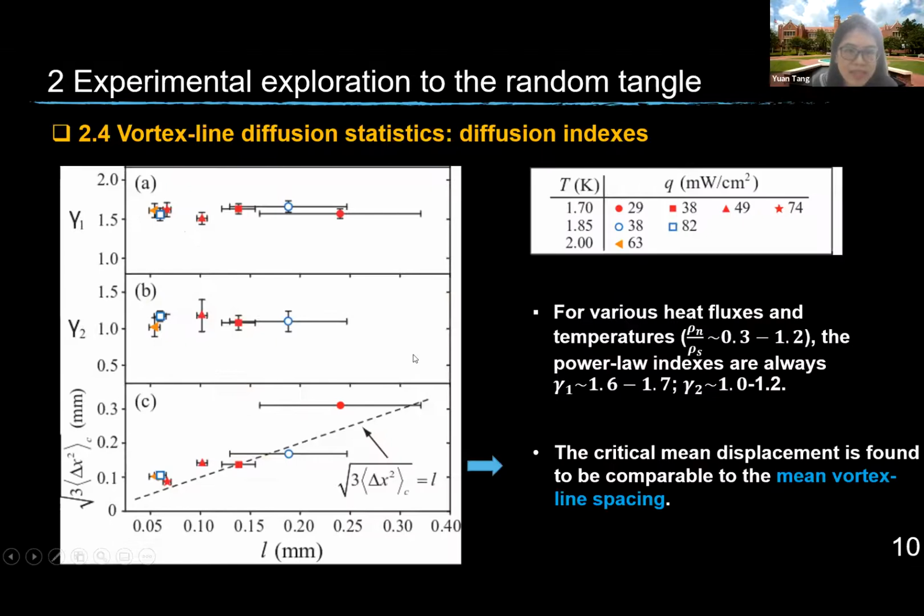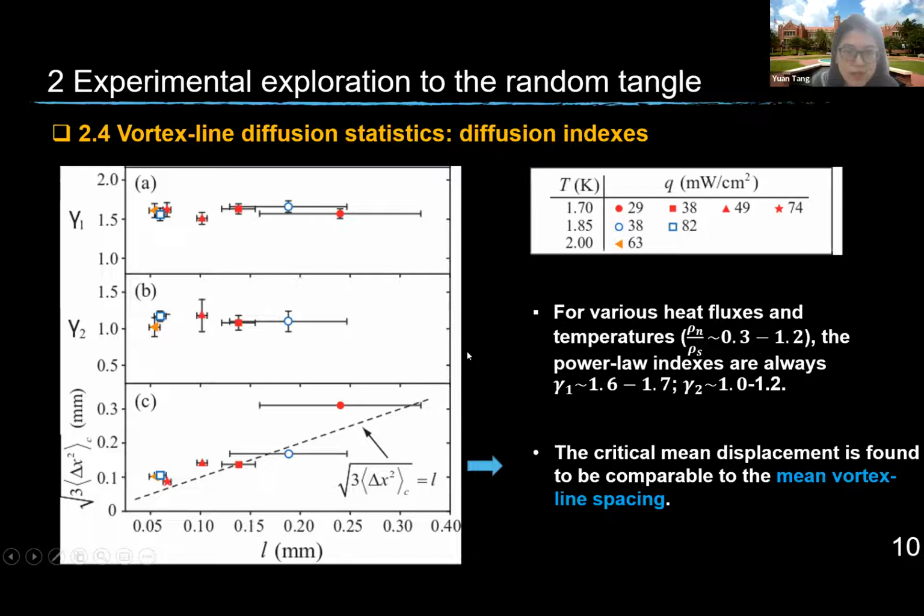We also conduct experiments for different temperatures and heat fluxes. Surprisingly, the data all show two power-law regions. Then we collected the derived power-law indices gamma 1 and gamma 2 in these two figures.